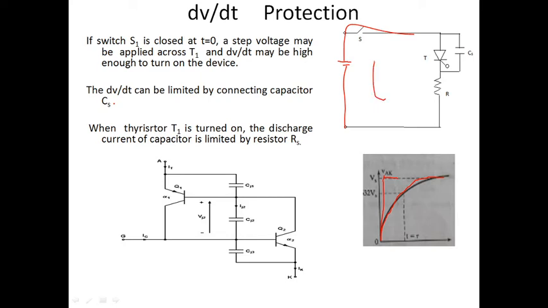Assume that this switch is already closed, so the SCR is off, and current will flow through this capacitor and load. So this is the current which is flowing in this way. We need to find out the equation of this current.